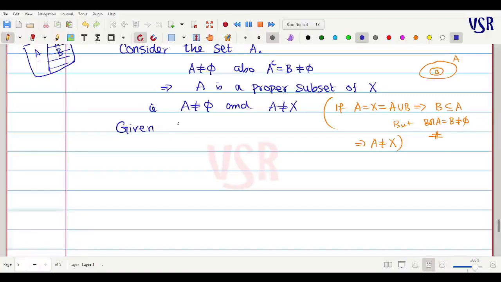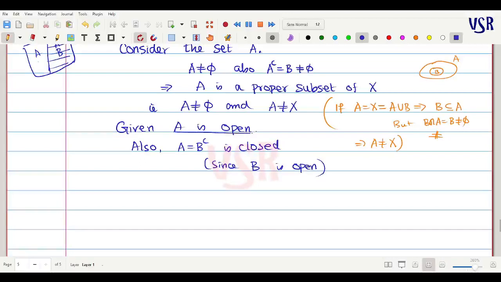Given, A is open. Also, this A can be expressed as B complement, correct? B complement, which is closed, because B is open. Since B is open, as given, its complement is closed. A is already open, B is open, therefore B complement is closed, therefore A is closed.